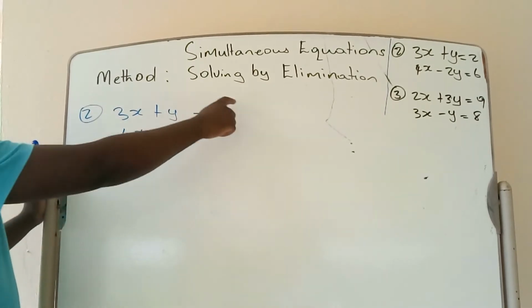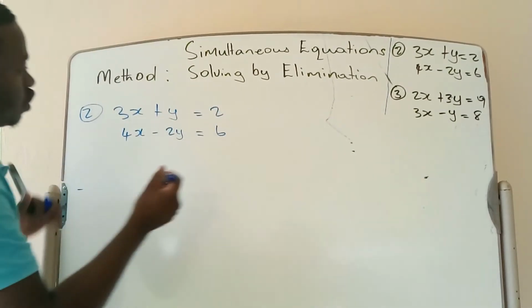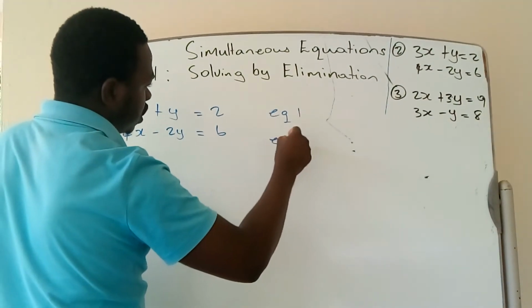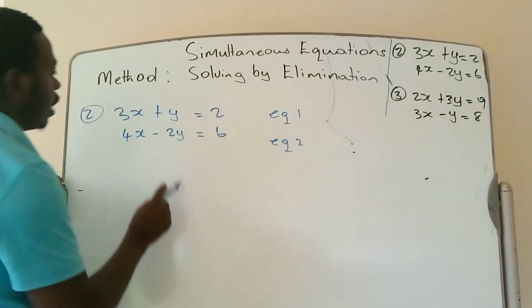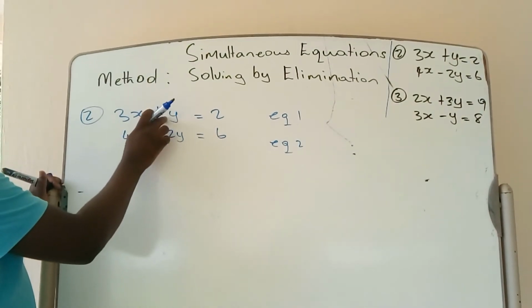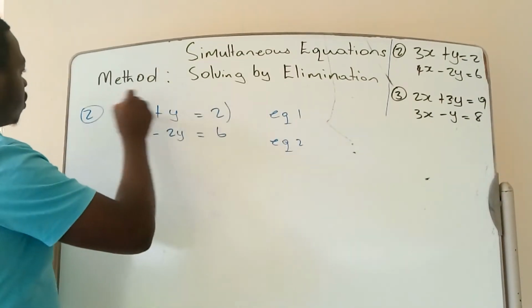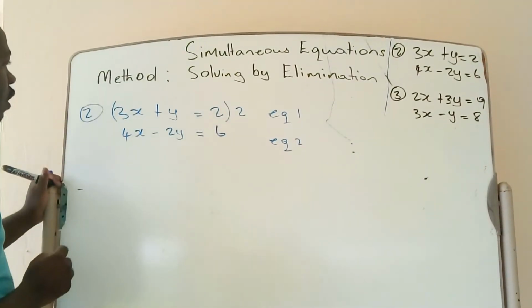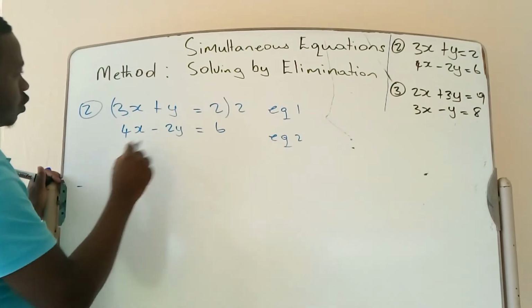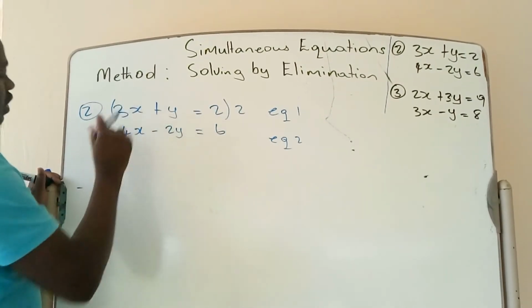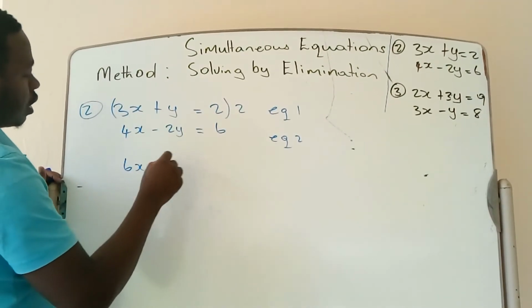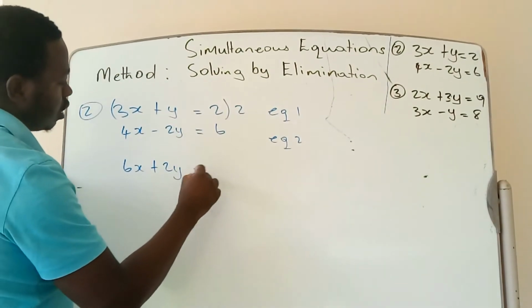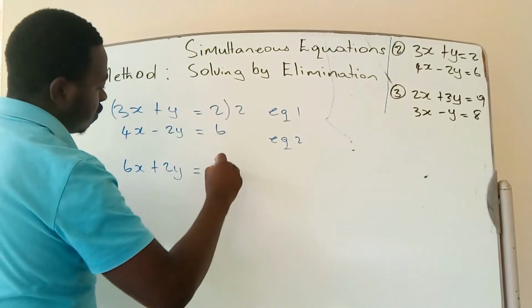So all I need to do is multiply this equation by 2. You can go ahead and label the equations: this is equation 1, this is equation 2. I need a 2 here because this coefficient is 1. So I multiply all of this equation by 2. 2 times 3x gives me 6x, plus 2 times y gives me 2y, equal 2 times 2 gives me 4.